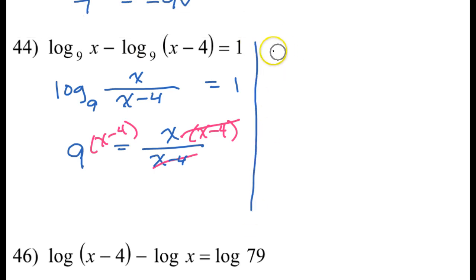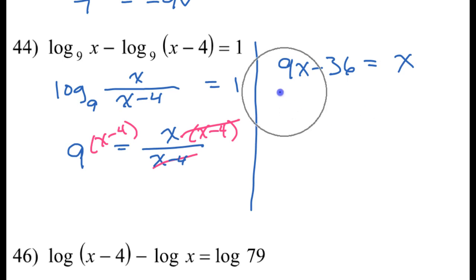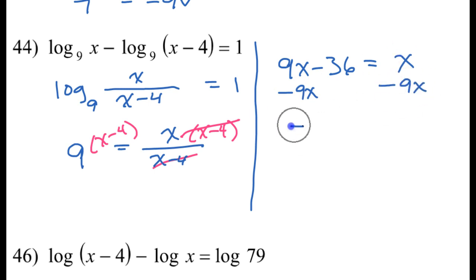Now I have 9 times x minus 4, which is 9x minus 36, is equal to x. So I think I will subtract 9x from both sides, just to avoid getting 0 over here. So I'll have negative 36 is equal to negative 8x.